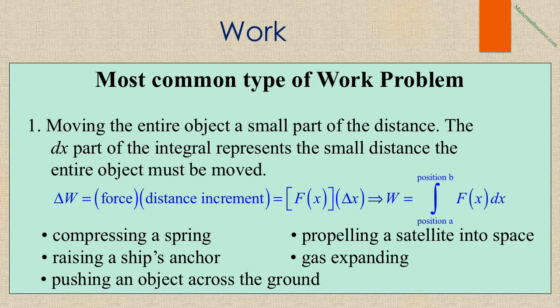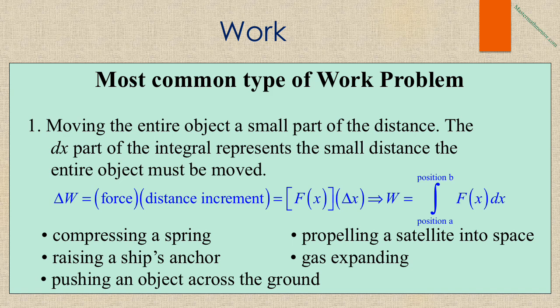There are two types of work problems that are common. It is helpful that we classify our work problems because each of them has a slightly different formula. The most common type involves moving an entire object a small part of the distance.